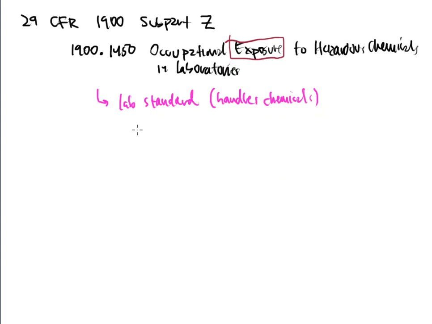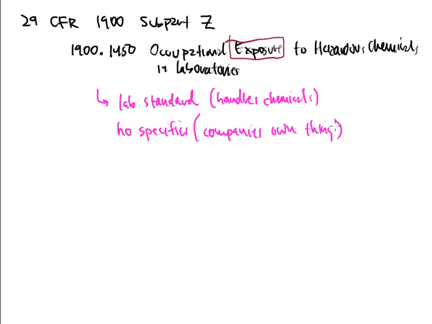Now, the problem is that we call it the lab standard. This is kind of our Bible that we go by as far as lab safety is concerned. However, there are no specifics that are listed in this section. And the reason is because they want companies to kind of do their own thing. They don't want to set a list of rigid standards that everyone has to follow, because they know that there's tons of different labs that are out there, and they all work a different way.